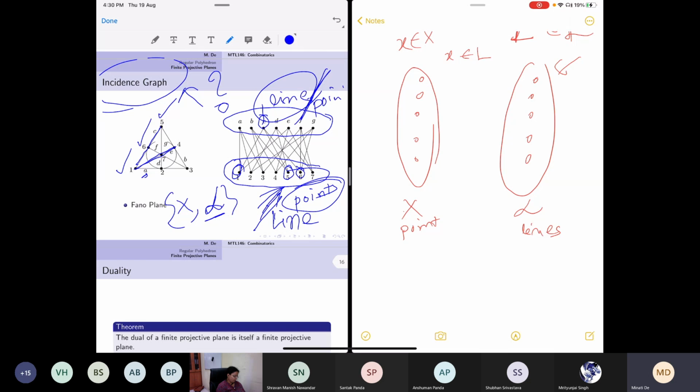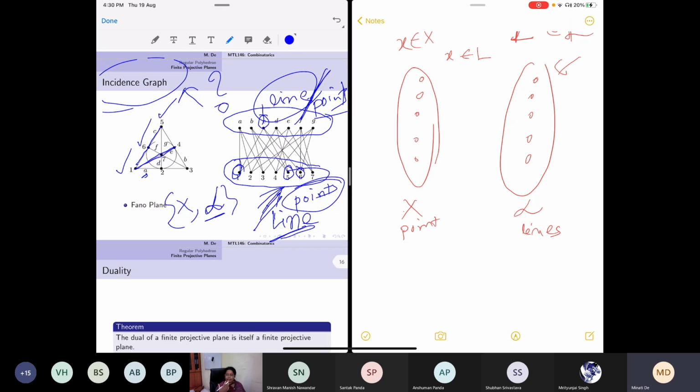So the roles are interchanged, but the incidence graph remains the same. Whatever graph we had earlier, that graph is the same. Just the role of line is now the point, and the role of point is now the line.